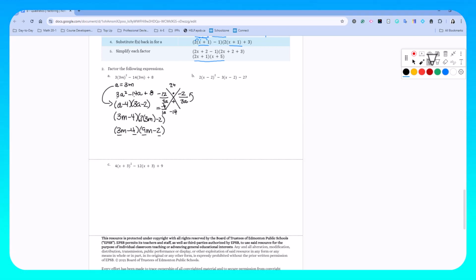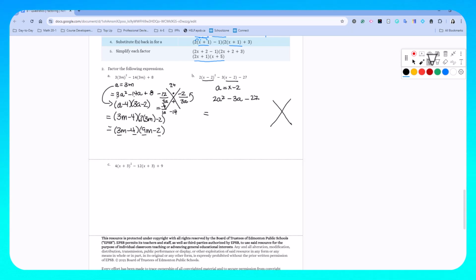In the next one, we can easily see that our a is going to be x minus 2. So our new trinomial to factor is 2a squared minus 3a minus 27. Well, we don't have any greatest common factors to take out, so what we're going to do is add some equal signs.